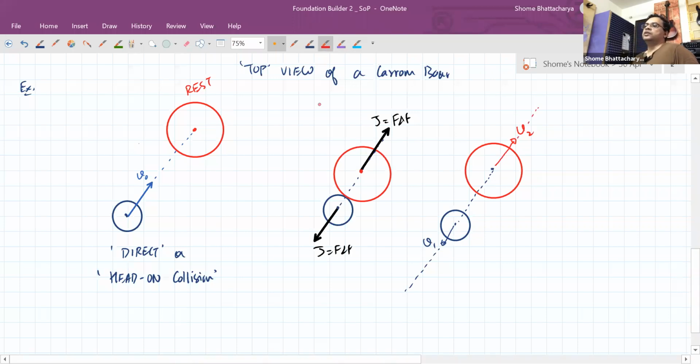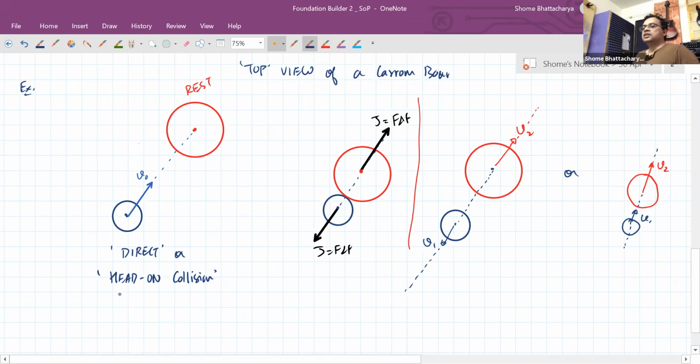Or it might be like this. Or it might also happen that they move in such a way that this one continues in this direction only, but it just slows down. This can also happen: it doesn't recoil, it continues in the same direction in which that V naught was initially. So one of these two things is going to happen.